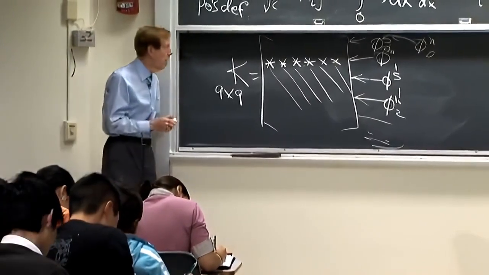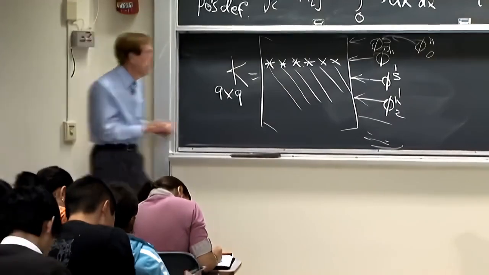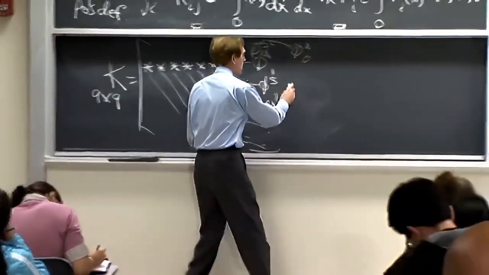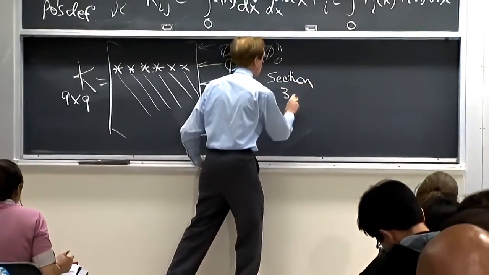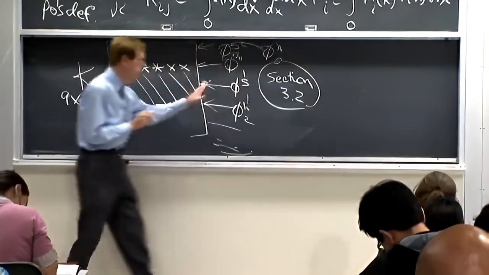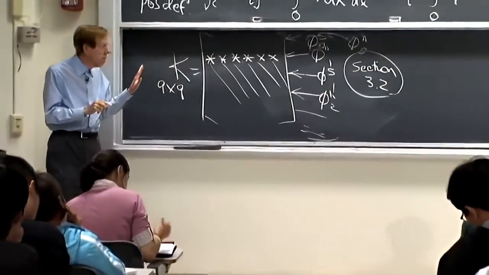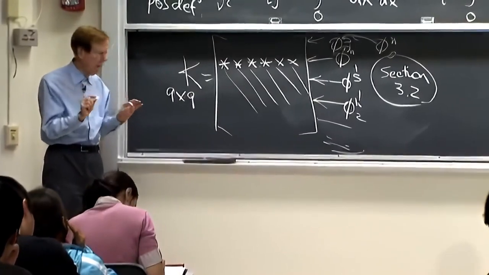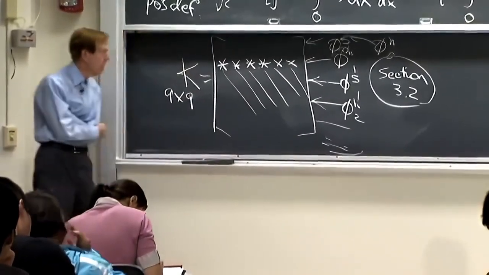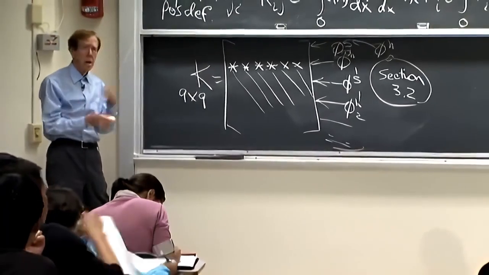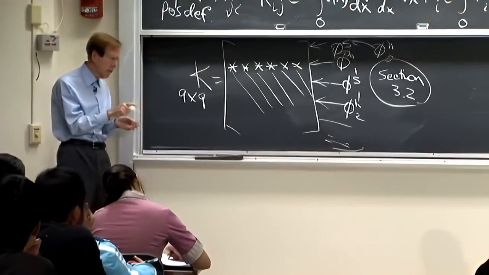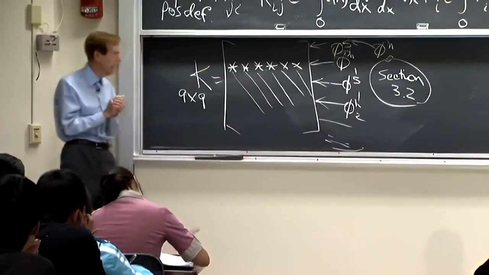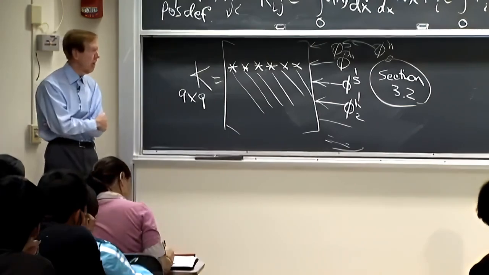Okay, so these are these functions now. I've gone into section 3.2 for that, and I want to go to a slightly different topic, and then I'll come back in section 3.2 to these cubics. So these are C1 cubics, continuous slope cubics. Very interesting construction.